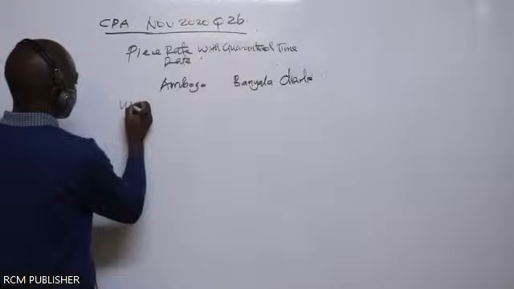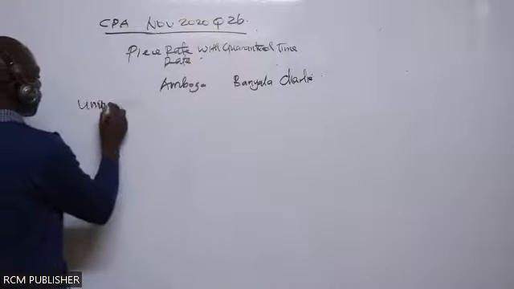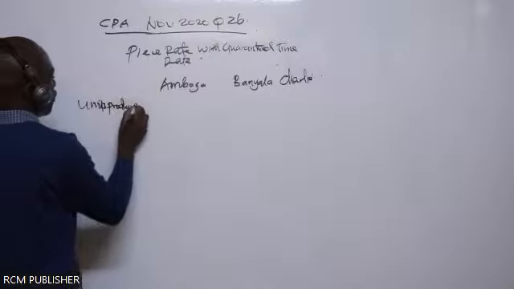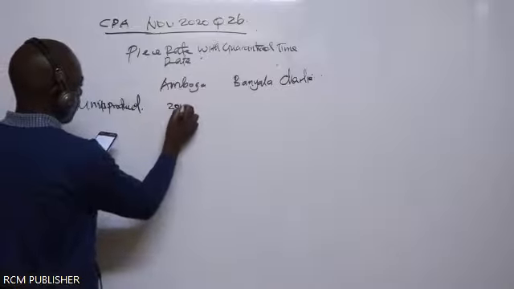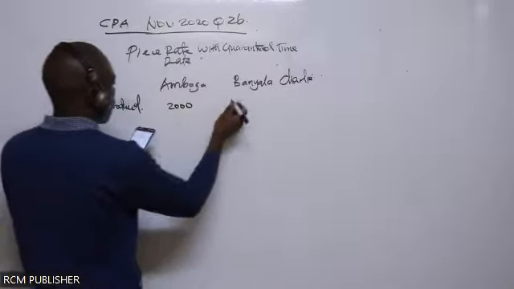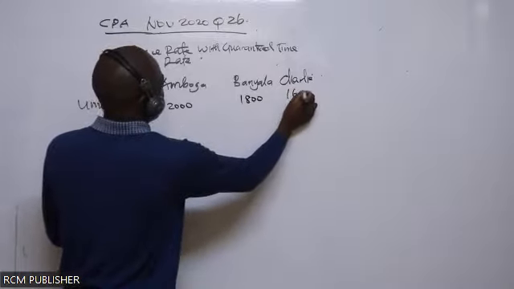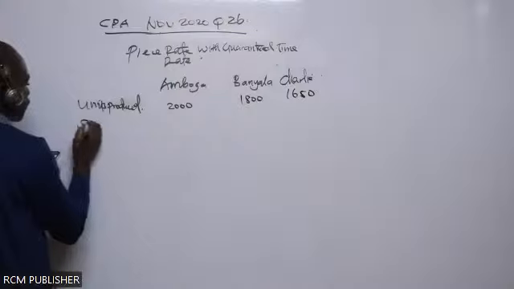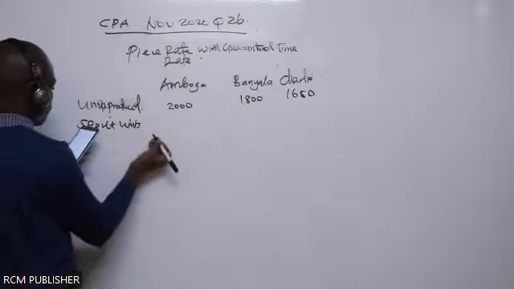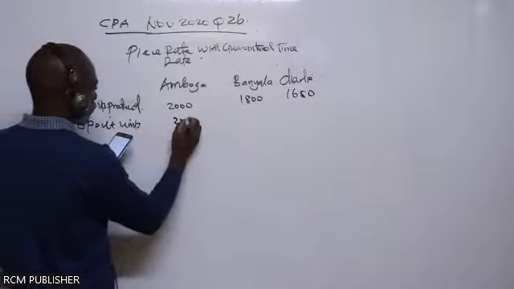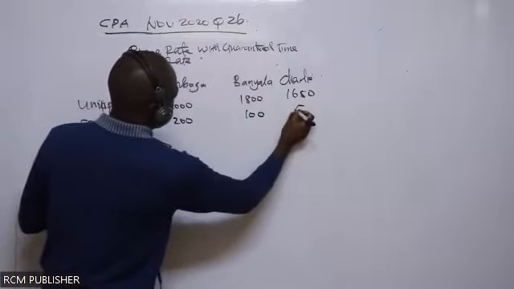Units produced, we have 2,000, we have 1,800, we have 1,650. Then we have spoiled units, we have 200, we have 100, we have 50.